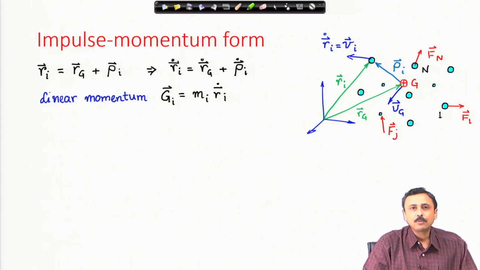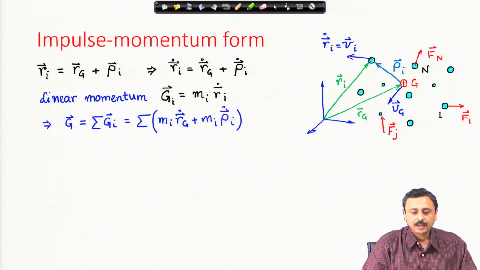Now, we define linear momentum of the ith particle as mass of the ith particle times the velocity of the ith particle, and by using the expression above and summing over all the particles, we get the linear momentum of this system of particles as capital G vector, which is summation of m_i r_g dot, the velocity of the center of mass, plus m_i rho_i dot, the velocity of the ith particle relative to the center of mass.